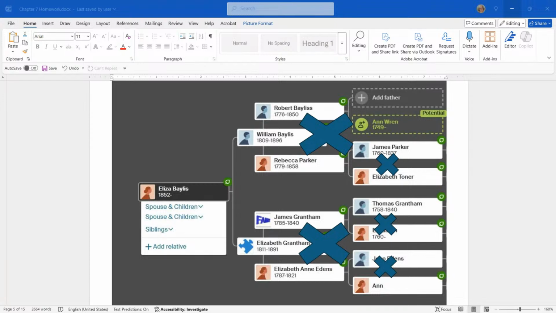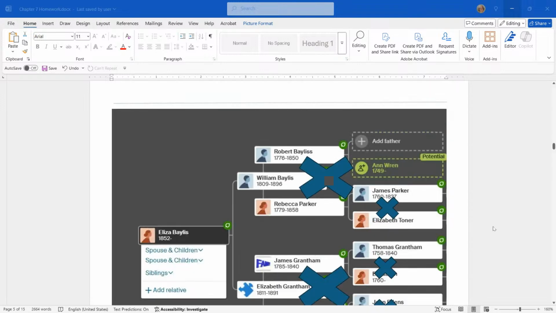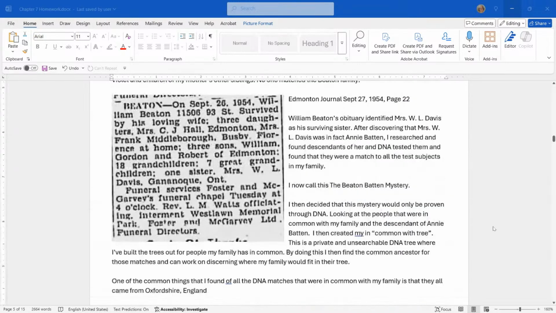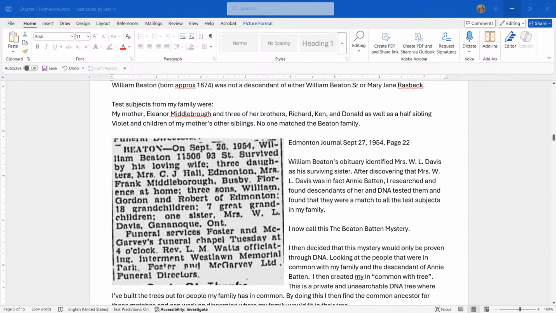She writes research reports to herself, like a DNA research report, which you've got here, or the transcription and analysis of what this is as far as that obituary and then the subsequent work you found about who Mrs. W.L. Davis was. But she has an actual form that she uses when she does her research reports.